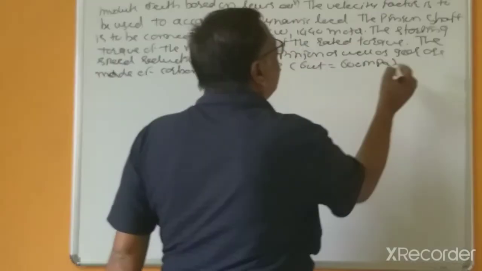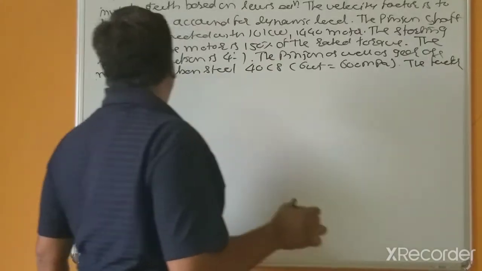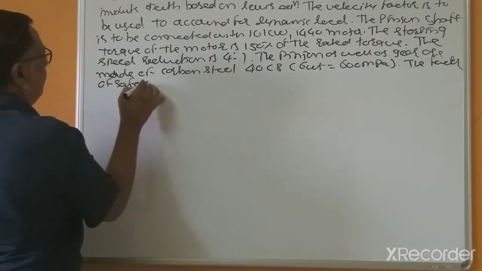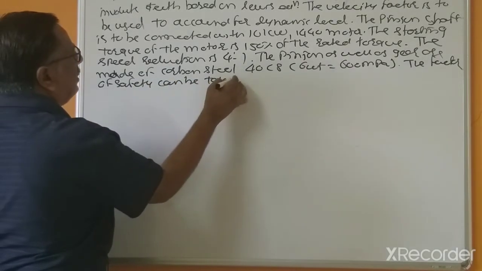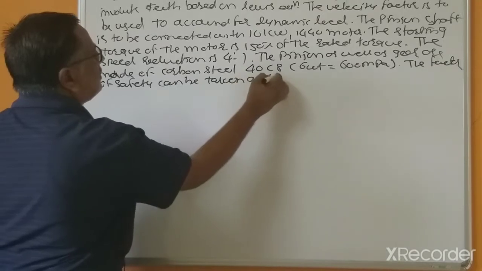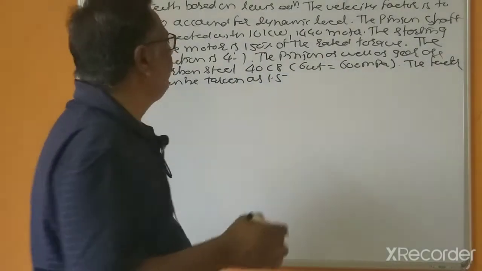The factor of safety can be taken as 1.5. Design the gears.